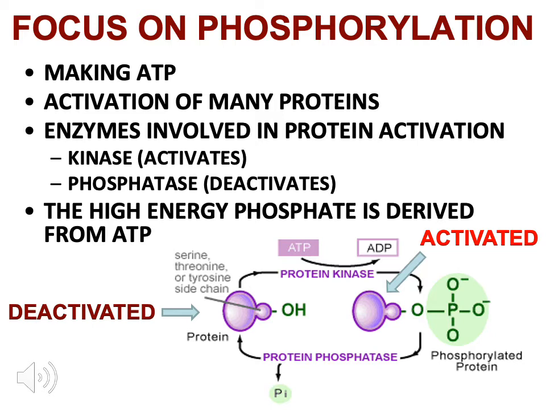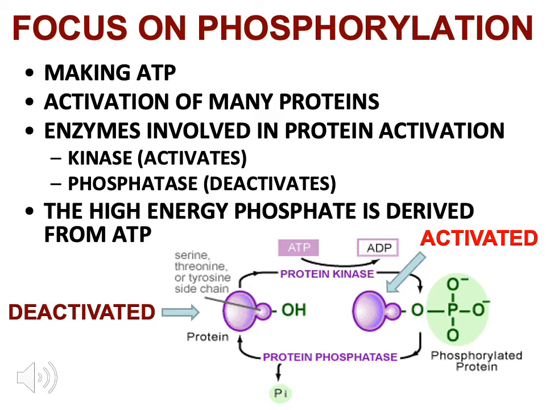Well, I see that over on the right-hand side of the illustration. There's my protein. Now it's got a high-energy phosphate bonded to it. It has been phosphorylated. And the arrow indicates to me that that particular protein at that point has been activated.